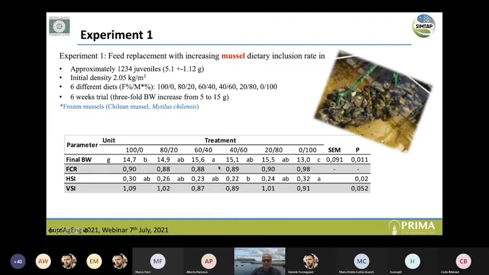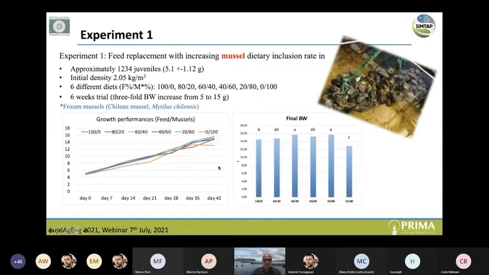So in this kind of graph, you can see the results. These are the 6 groups, and since the beginning you can have the idea that when we used 100% mussels, the growth was quite lower than in the other groups.